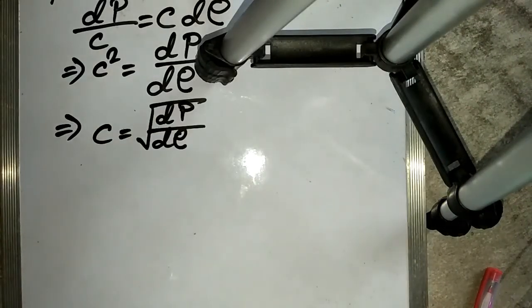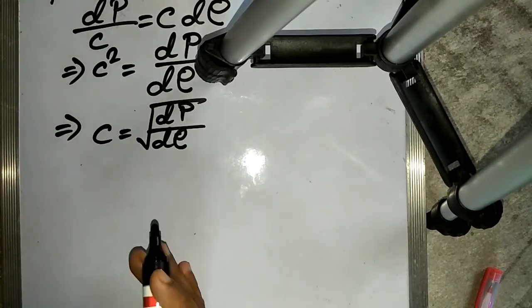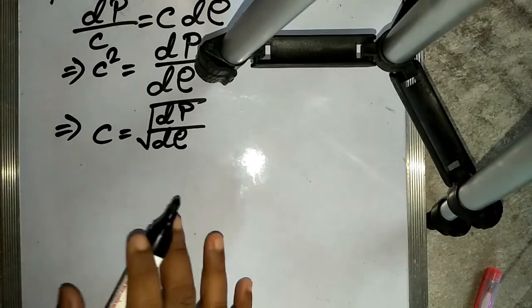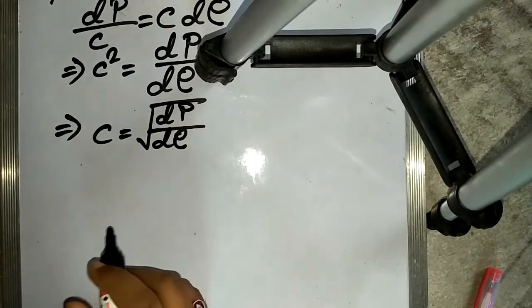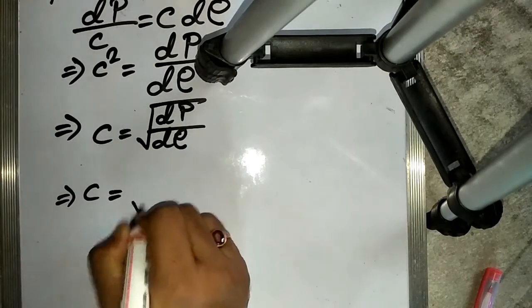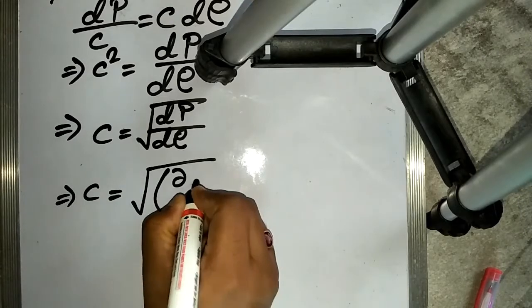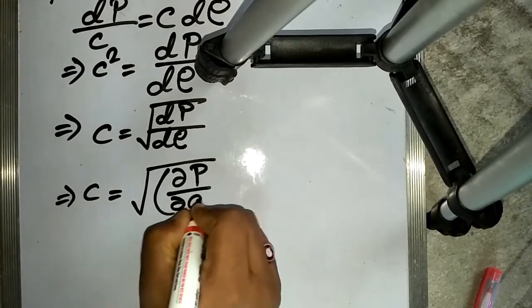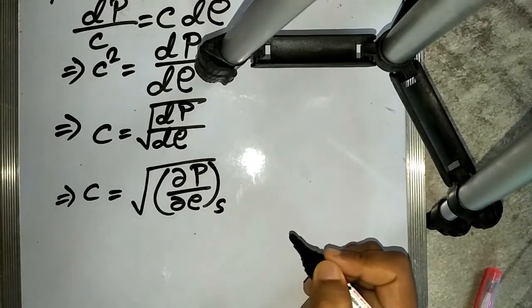Since the variations in pressure and temperature are negligibly small, and the change of state is so fast as to be essentially adiabatic, and in the absence of internal friction or viscosity, the process is reversible and isentropic. Hence, the sonic velocity can be written as c is equal to root over del p by del rho at constant s.